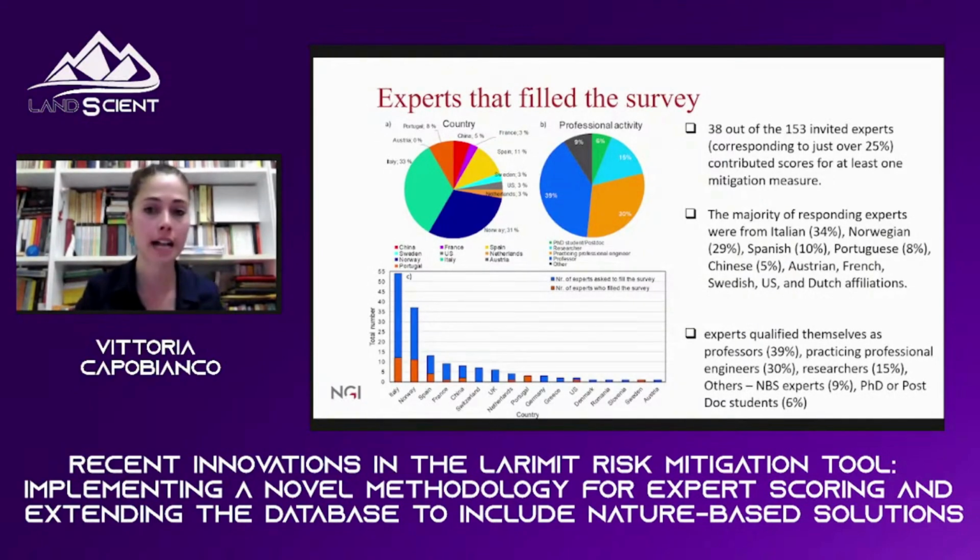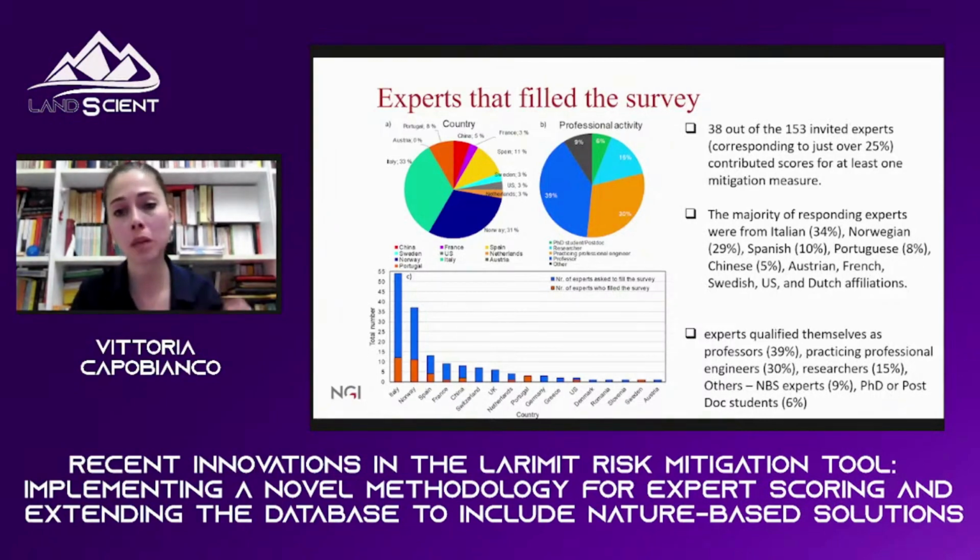And here are some results. So you see that at the end, out of the 153 invited experts, about 25% of them replied, so contributed to scores for at least one mitigation measure.